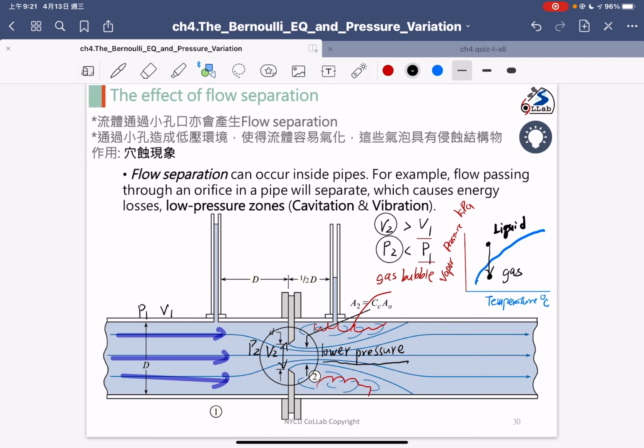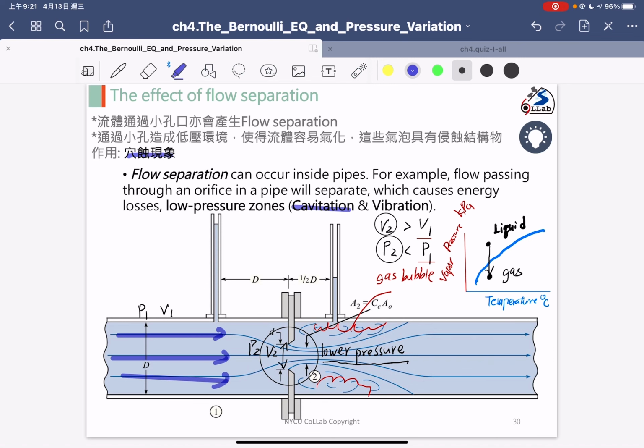But if you know the condition is lower pressure in a small hole, then we will have a gas bubble, and the gas bubble will try to break the structure surface. Okay, and this phenomenon we call the cavitation phenomenon. And the cavitation, in Chinese we call it 血池现象.